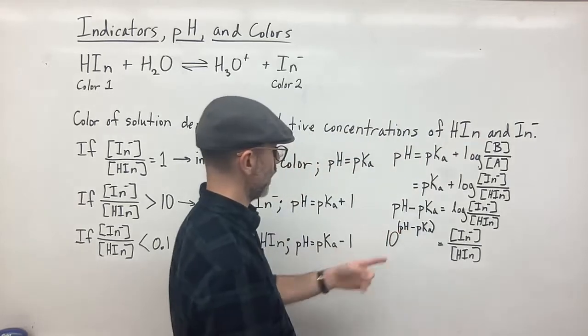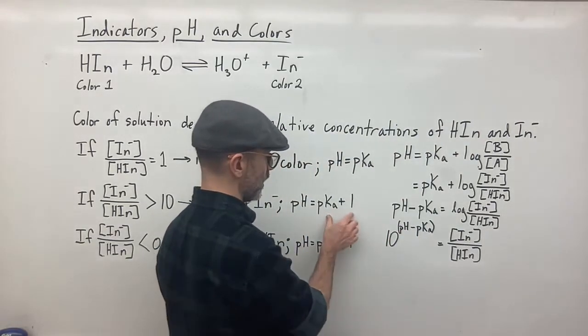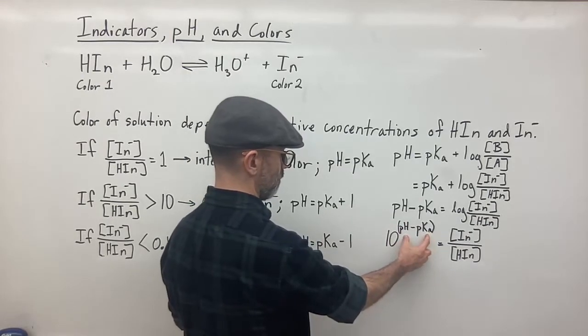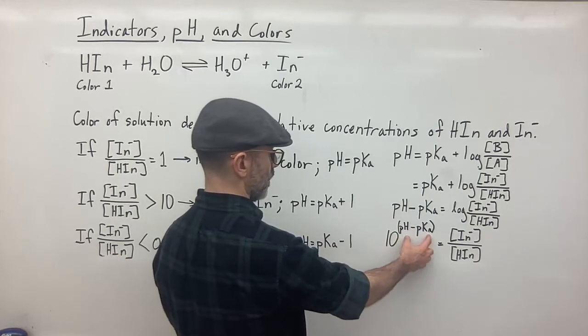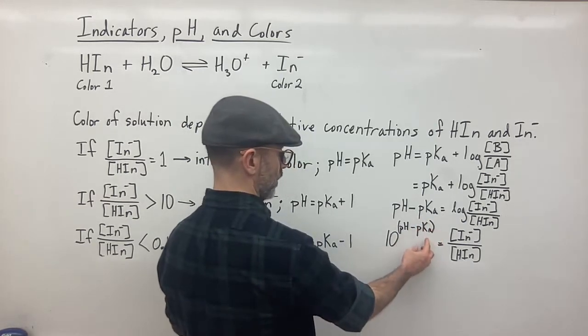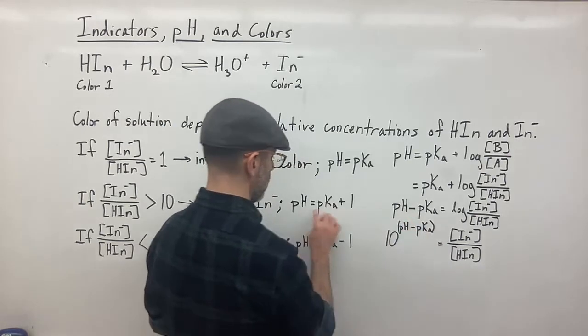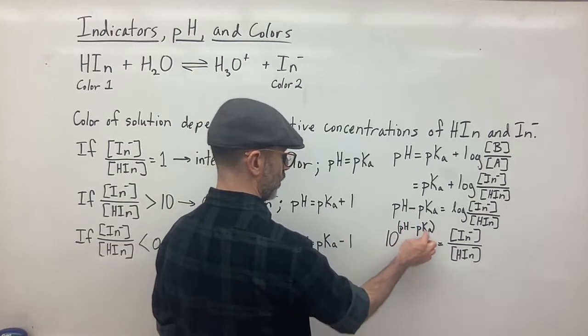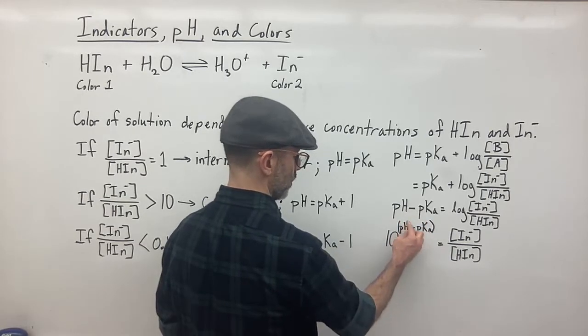Let's say that if the pH is equal to the pKa plus 1, right? So that means that the pKa plus 1, then what's going to happen is the pKa's are going to cancel out, and you're going to get 1 for the coefficient, or I'm sorry, the exponent.